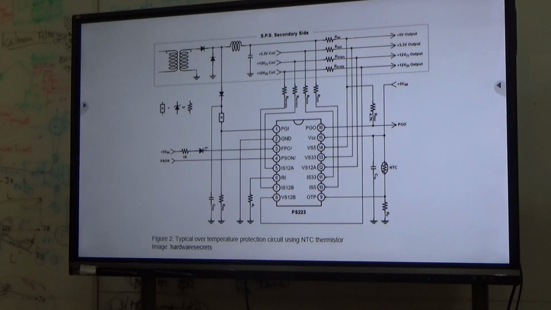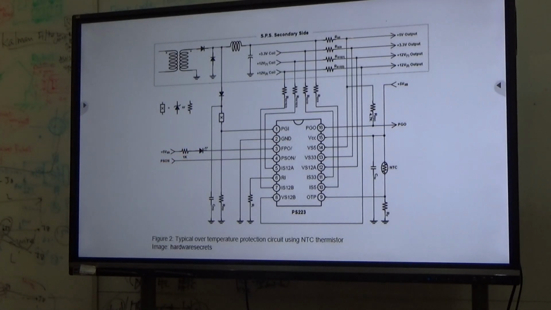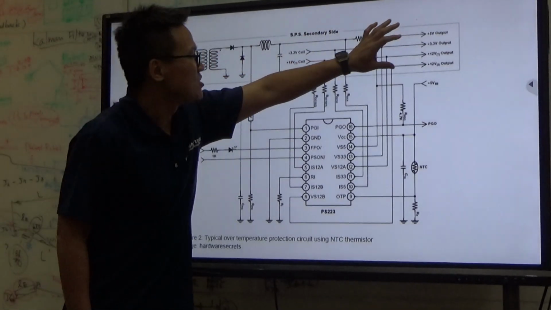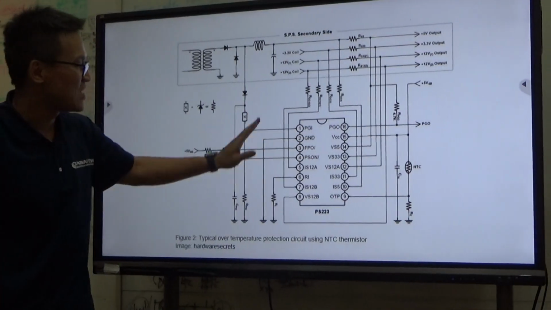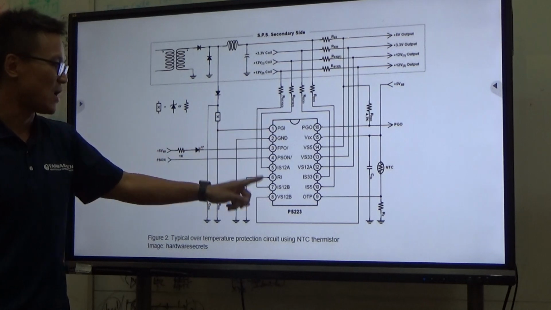But remember, the OTP is a protection function, and the component is just a sensor component, so it cannot withstand higher current or higher voltage. So you should put the component in the signal loop. Signal loop means you cannot put the sensor in the power source here. Maybe you can try a lower voltage, lower current rating pin of your IC.